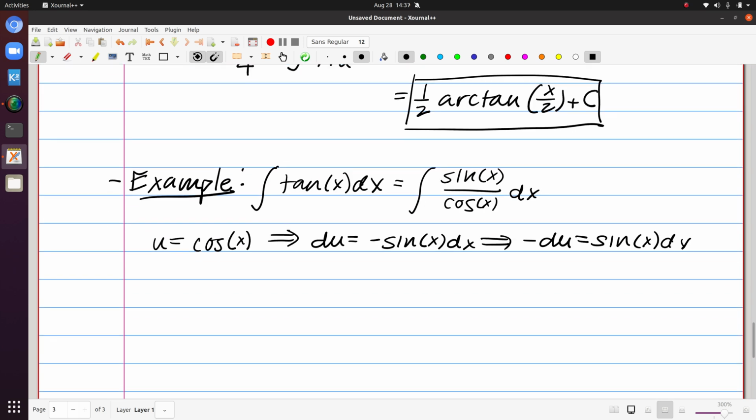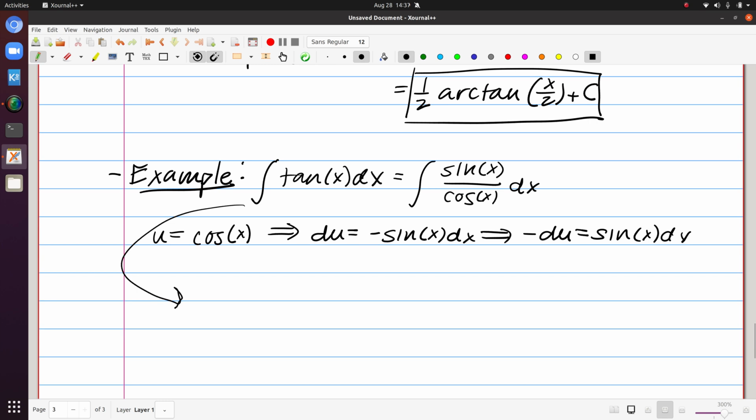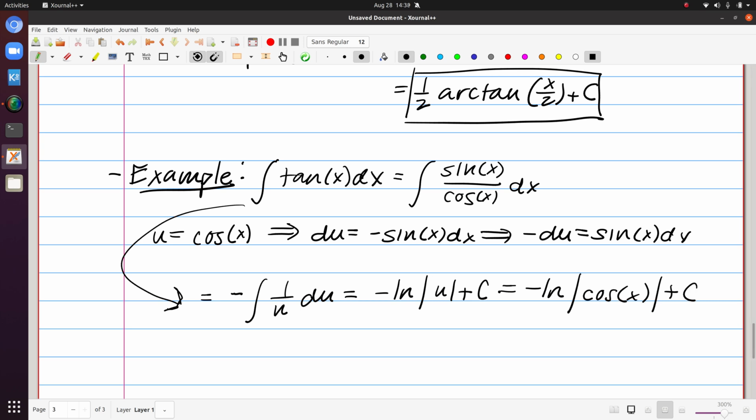So this integral of tangent that we started with now equals the negative integral of 1 over u du. So we get negative natural log of the absolute value of u. And finally, negative natural log of the absolute value of cosine of x plus c.